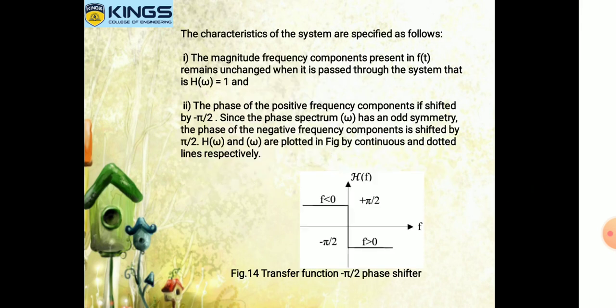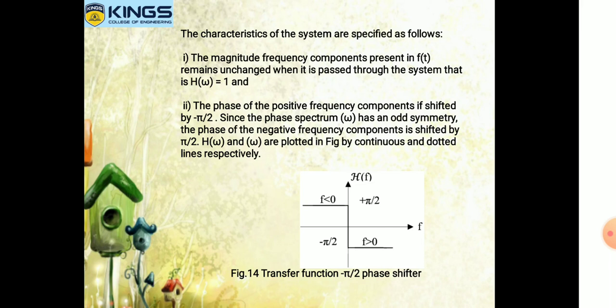There are some characteristics of the system that are specified under this. Number 1, the magnitude of the frequency components present in f of t remains unchanged when it is passed through the system, that is, mod h of omega will be equal to 1.